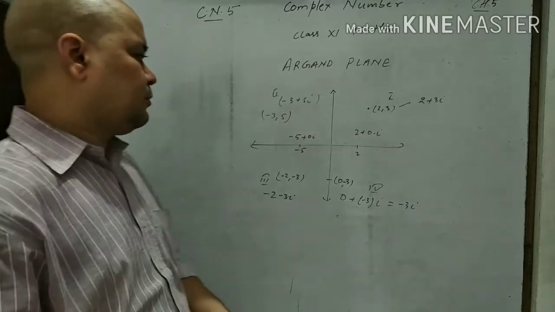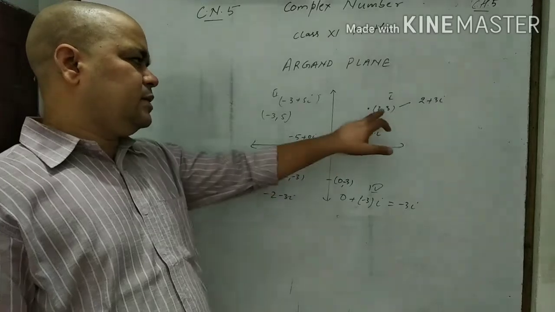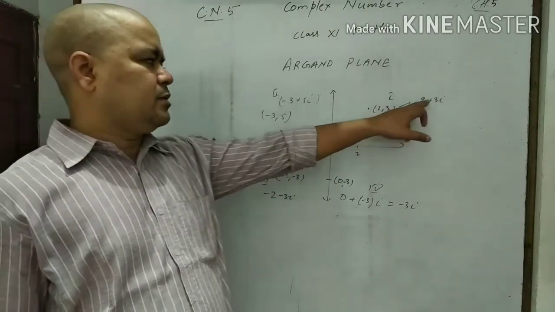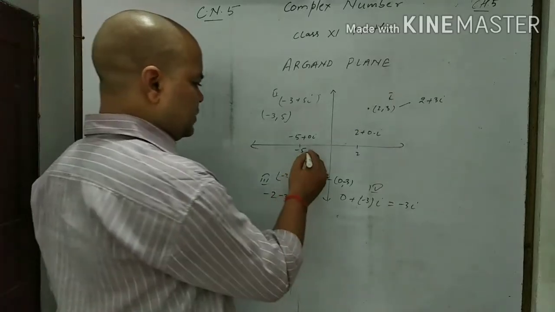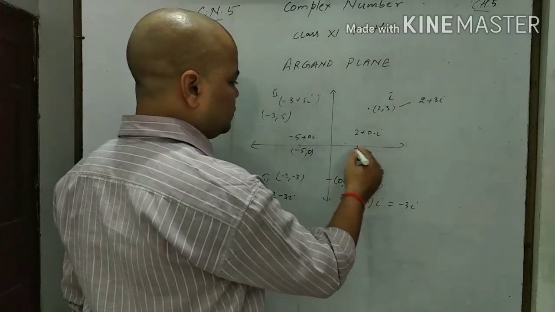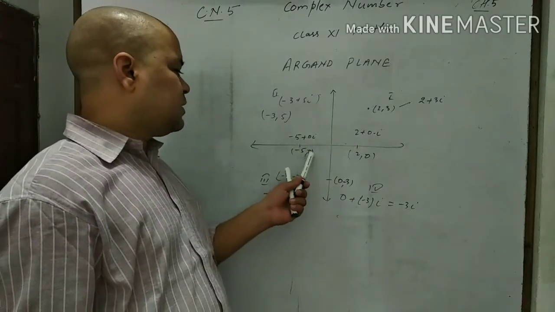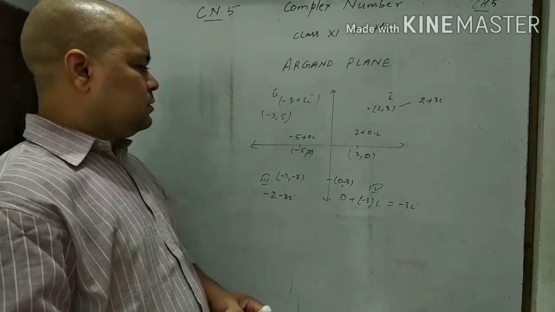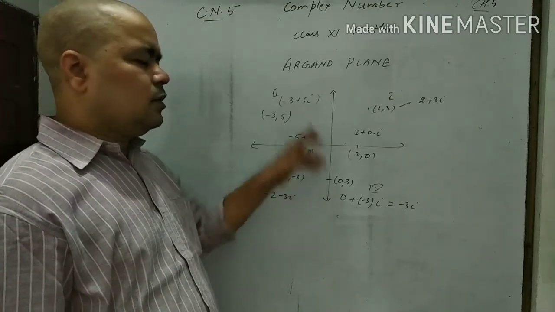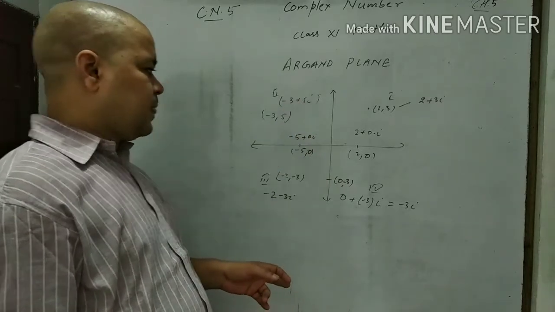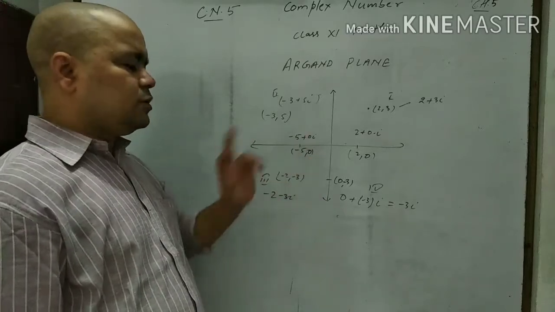It means in this plane, for each ordered pair we can write a complex number. This can also be written as (minus 5, 0), (2, 0): abscissa 2 and ordinate 0, abscissa minus 5 and ordinate 0. Where the ordinate, the y coordinate, in the complex number standard form a plus ib, b is equal to 0.